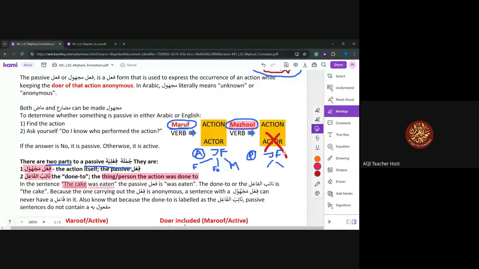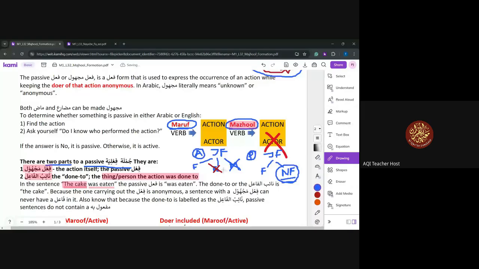In passive jumlatul fi'liya sentences, we do not have a fa'il. We will have only the fi'l, which is the fi'l majhool, and we won't have a maf'ul as well. Instead, we would have something called Nayebe fa'il. Nayebe fa'il works like a substitute of the doer, because we do not have the fa'il, so it acts like a doer.